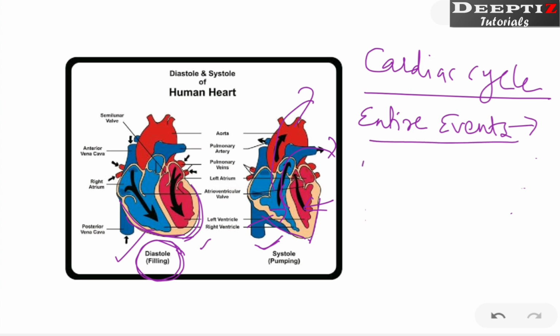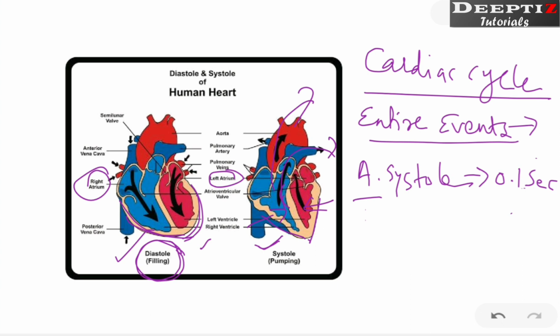So when I am writing a dot systole, the meaning is auricular systole. That means our auricles are contracting. Which are the auricles? These are the atria. Right and left atrium contract. At a time, our heart auricles contract for 0.1 second. Now, what about ventricles?